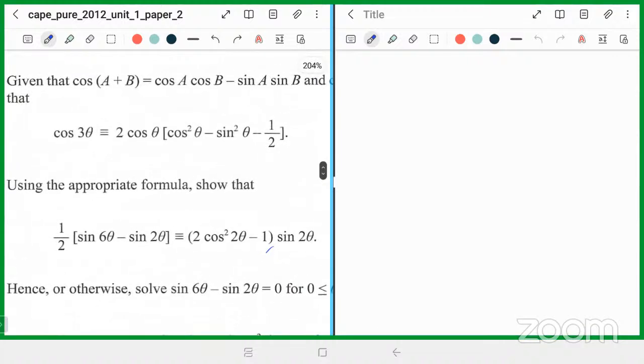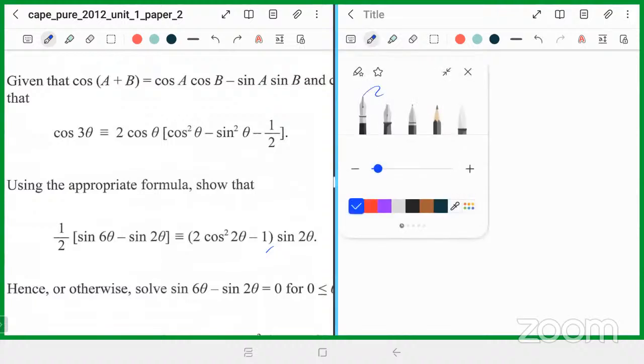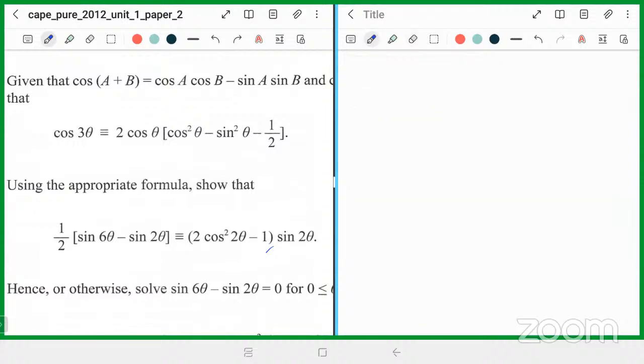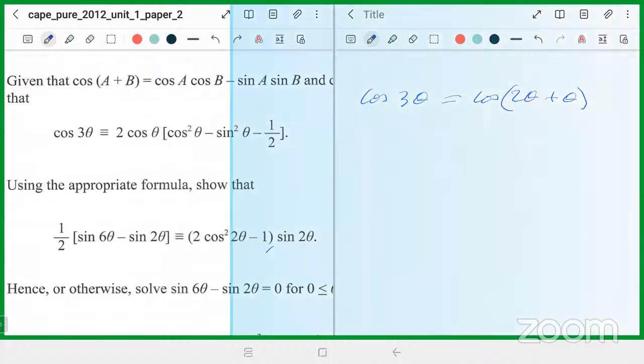First thing is to recognize that the cos of 3 theta can be written as the cos of 2 theta plus theta.